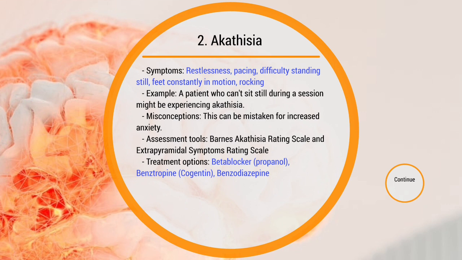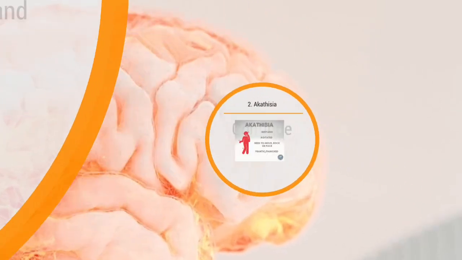And the treatment option, Cogentin. Cogentin can be given. You can also have the option to give a beta blocker, and that would help, or even a benzo. But usually we stick with Cogentin. So Cogentin for akathisia, Cogentin for acute dystonia.